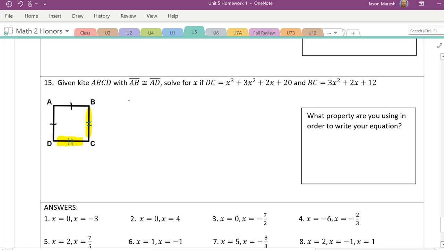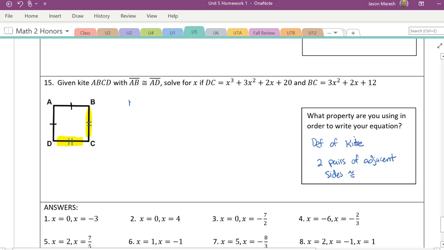So here, let's write what we have. The definition of a kite is what we're using. We have two pairs of adjacent sides congruent.